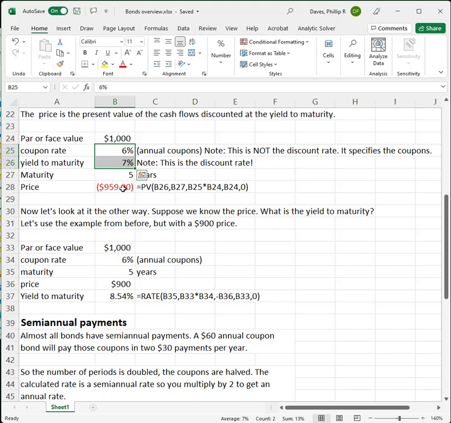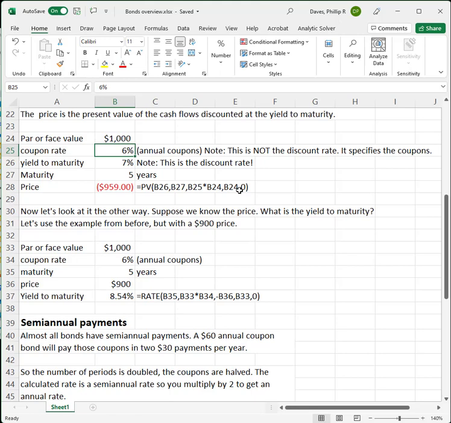So this situation where the issuing price, if this was the issuing price, is $959 and the par value is $1,000, that's a bit inconvenient for investors. And by convention, companies are going to adjust the coupon rate when the bonds are originally created so that when they are issued, they will trade for about $1,000.